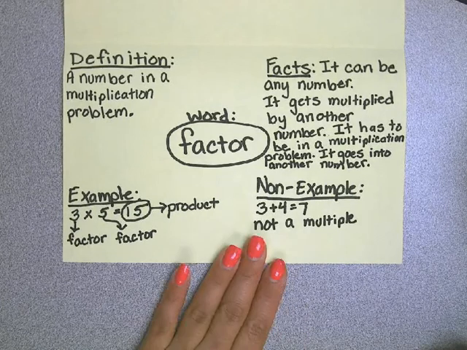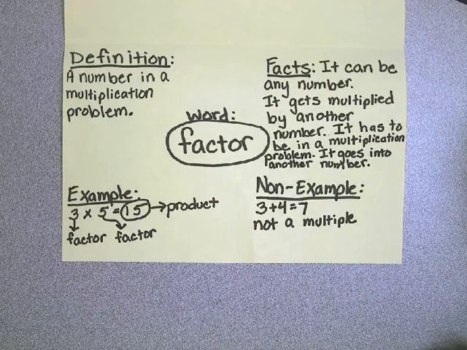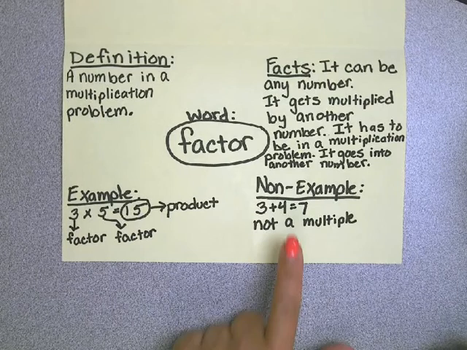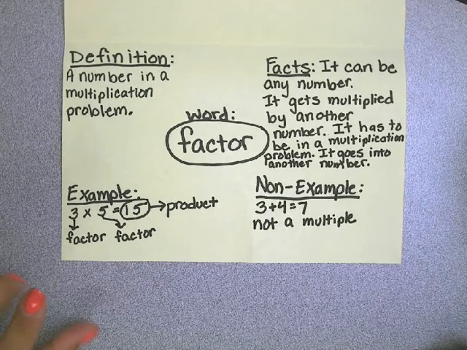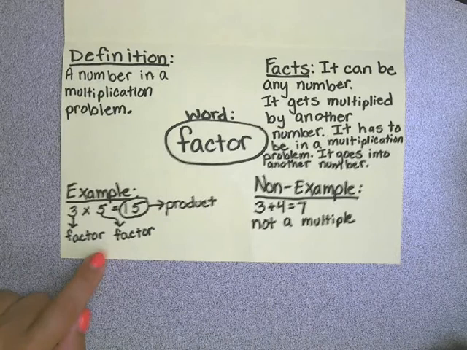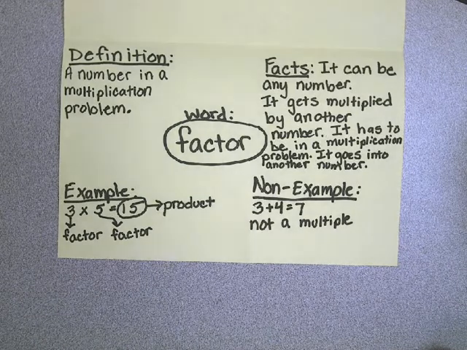Right. Factors go into a number. Okay? So, tomorrow, our vocabulary word is actually going to be multiple. So, we're going to write down not a multiple just to kind of set our brains up for that. Okay? But we are going to do a lot more practice with factors today.